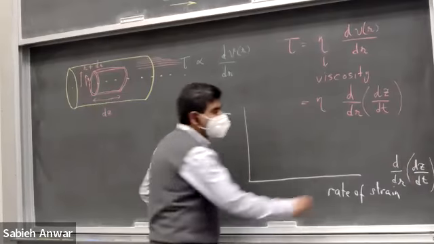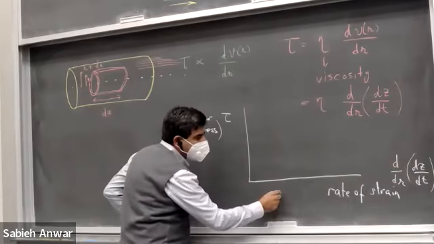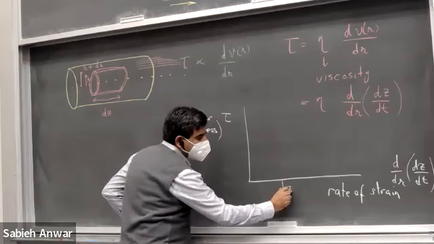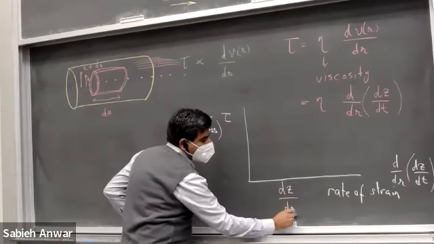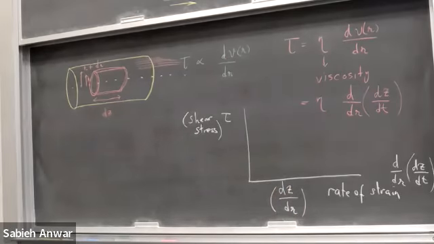I could also write this. Why am I calling it the rate of strain? Because if I define strain as dz by dr, what is dz by dr? It's a strain, isn't it?